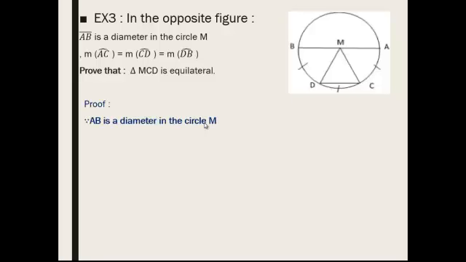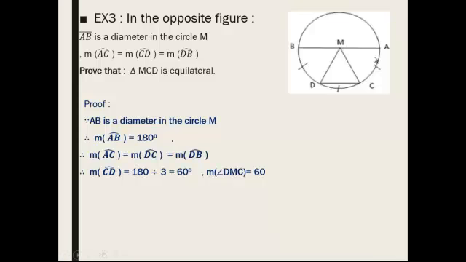Since AB is a diameter, the measure of arc AB is a semicircle, equal to 180 degrees, half the circle. Since the three arcs are equal, each equals 180 divided by 3 equals 60 degrees.